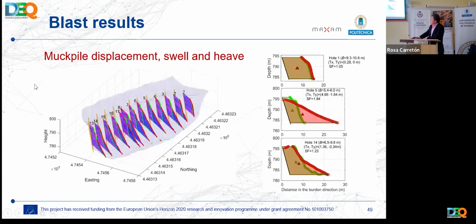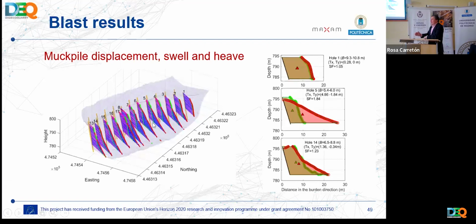Of course, you see these profiles: the green is the original high wall, the original free face, and the red is the mud pile surface. You can see, for instance, in this blast hole, very large burden. It didn't displace. See this one, less burden. It displaced a lot.